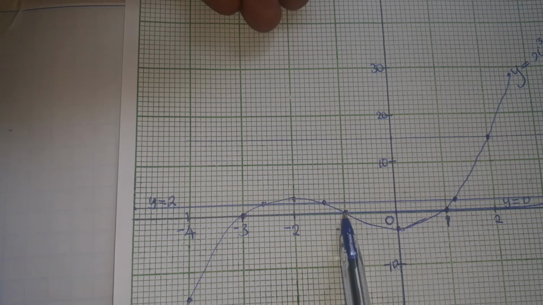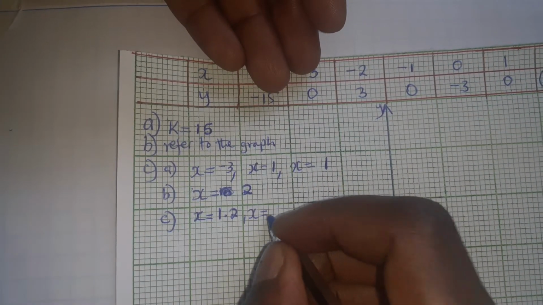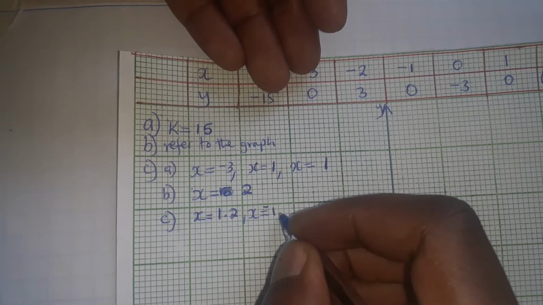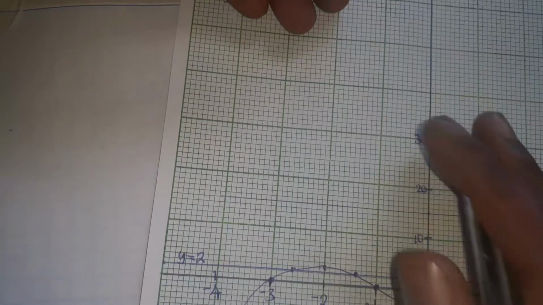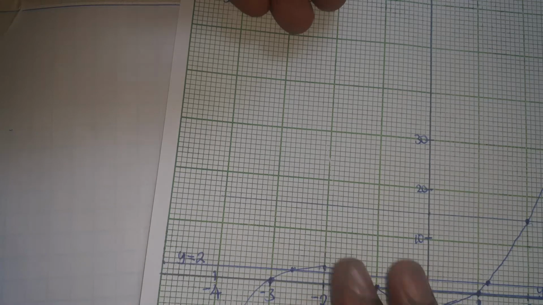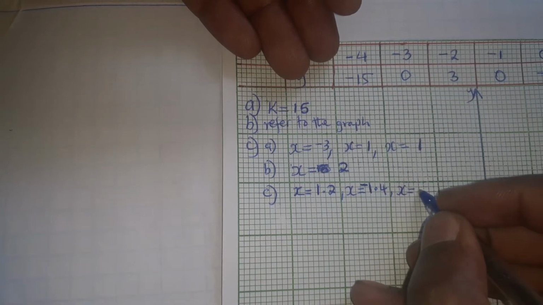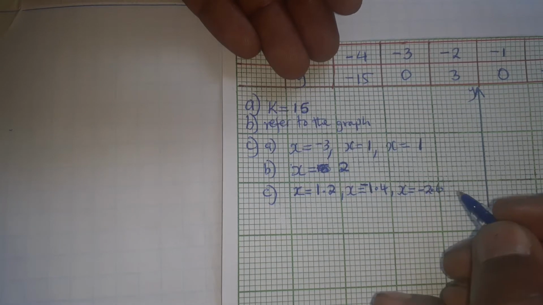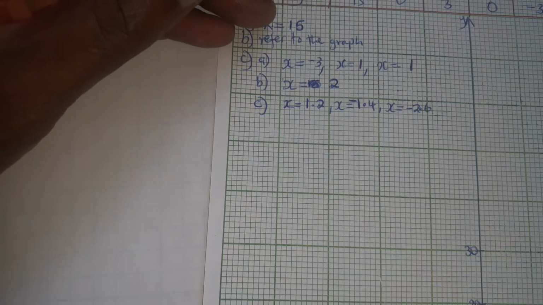So we have -1 here, isn't it? So 1, 2, 3, 4. So x is equal to -1.4. And then the last one, it's this point here. This is -2, 1, 2, 3, 4, 5, 6. So we have -2.6. Okay, so we are rushing.